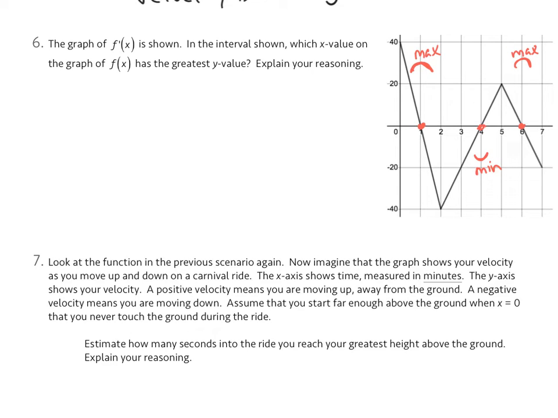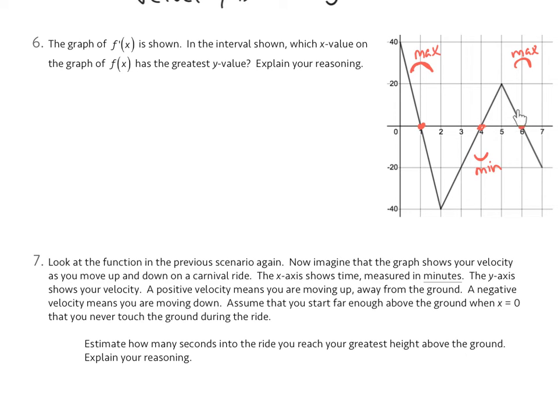So our question really is, which of these two relative maximum points, this one or this one, is higher? This one ends up being the higher relative maximum, the greater y value, because the graph increases heading into that and then decreases by the same amount, but continues to decrease more than it increases right here.